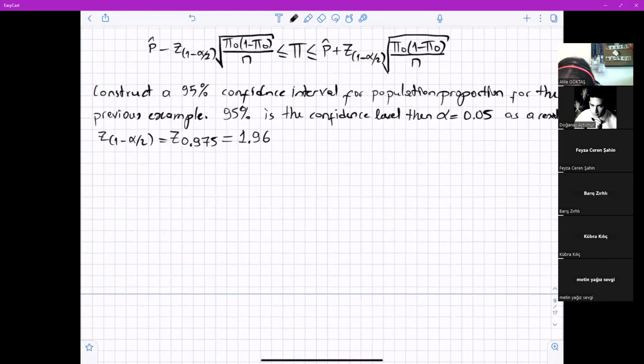And let me just substitute whatever I need for the confidence interval. The pi hat was 0.24.